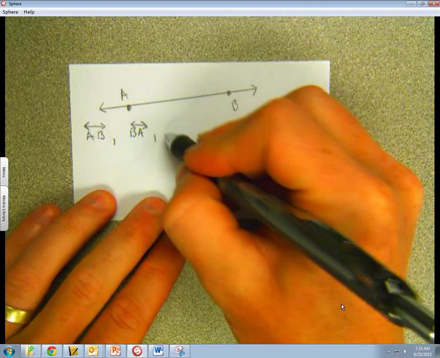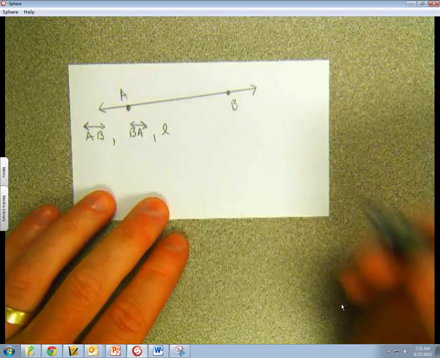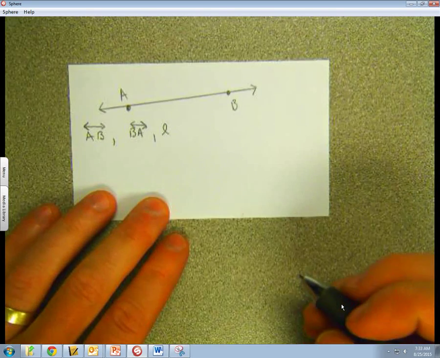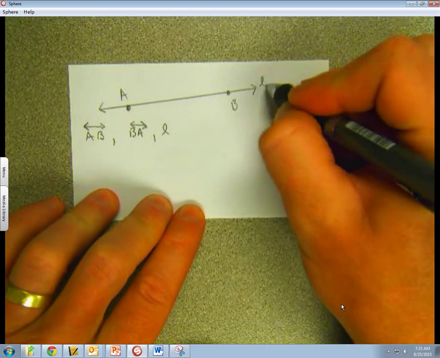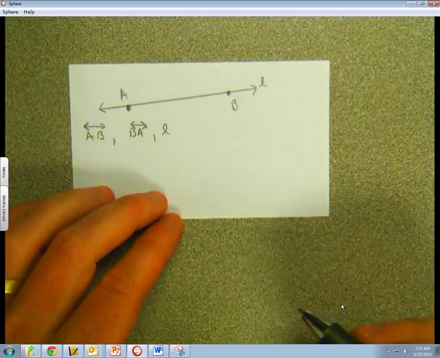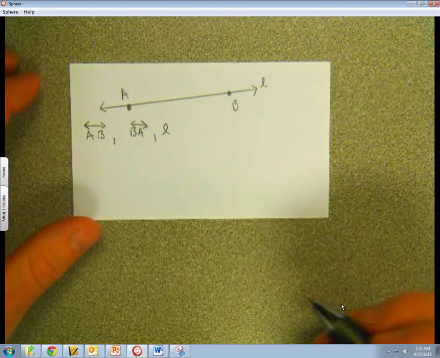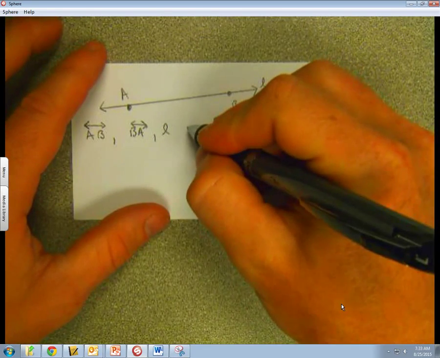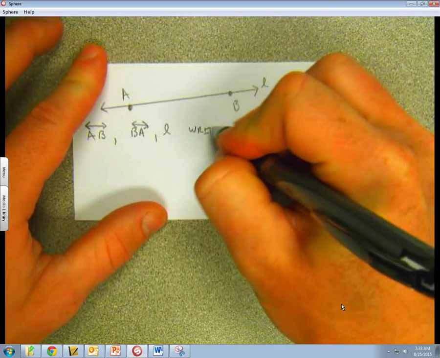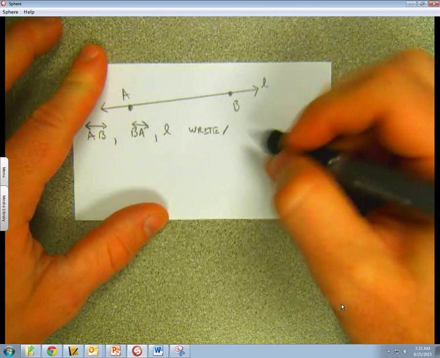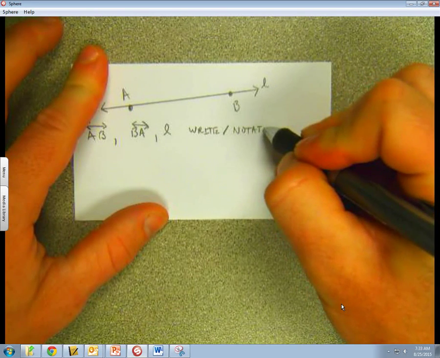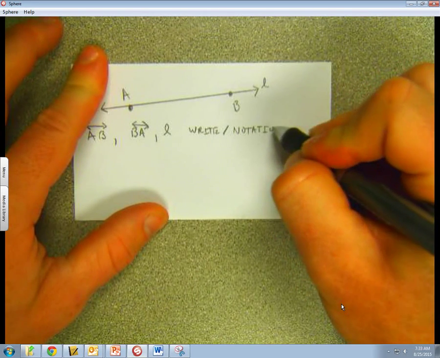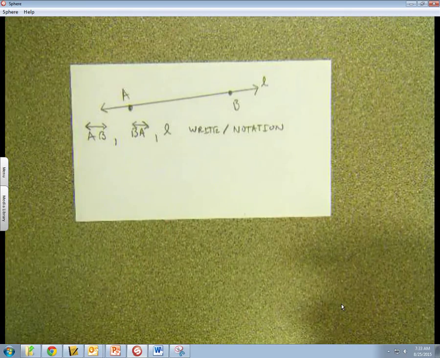I'm going to go ahead and pick L, but you could pick M or Q or whatever really you wanted. And so we'll go ahead and throw that on there. So this is also line L. So this is how we are going to write it. Fancier word for that is notation. So we're going to use some notation there. Alright, so we've got that.